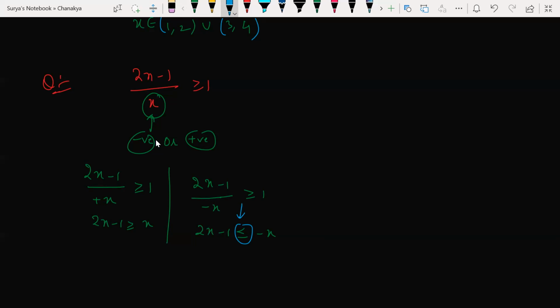Understood my point? So for solving this type of question, let us subtract and make it 0. What should I subtract here? Subtract 1 on both sides. So what happens? This is what I get here, 1 minus 1. Now look at how easily you can solve this. So x minus 1 greater than or equal to 0, x greater than or equal to 1.